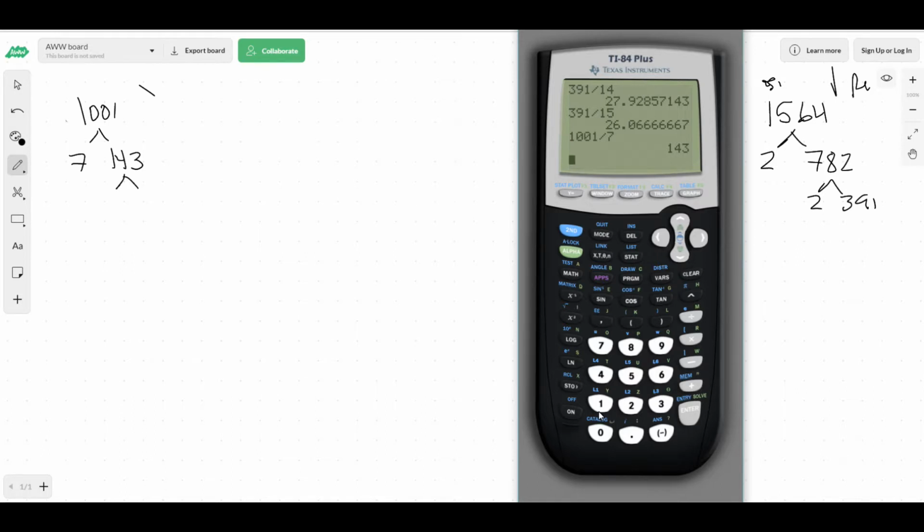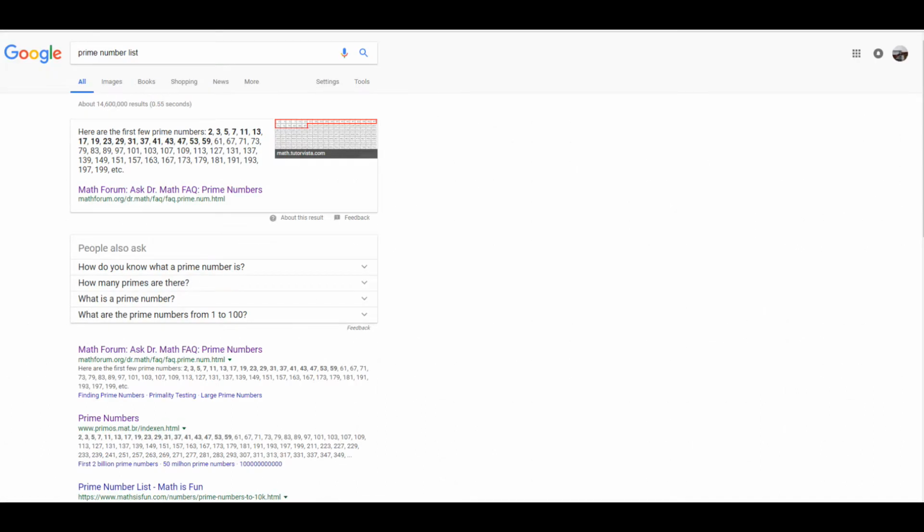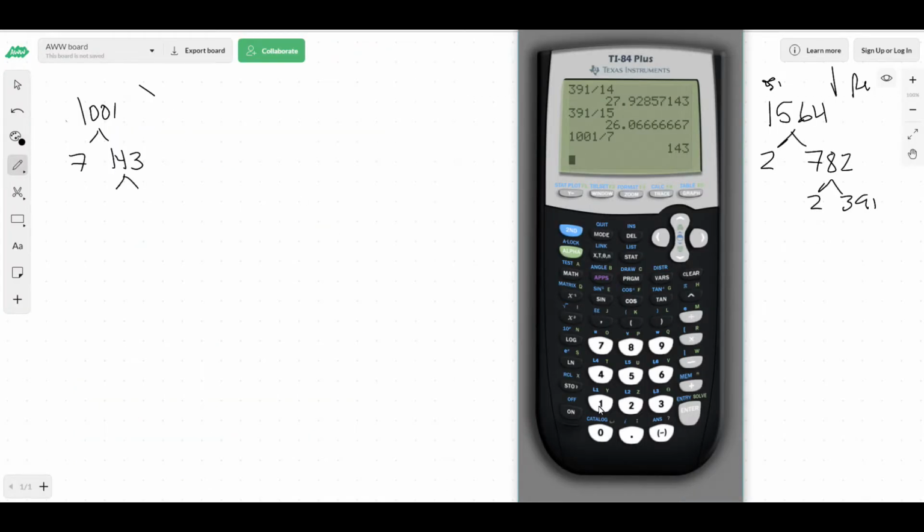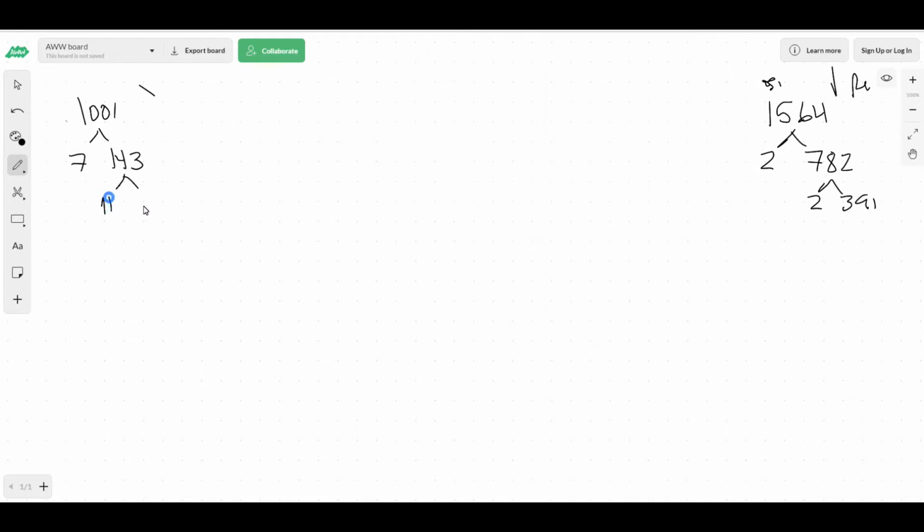It may be a prime number. Am I making things really hard for us? It's not a prime number. Okay, 143. Let's divide that by 7 again. Nope. Let's divide that by 11. There we go.